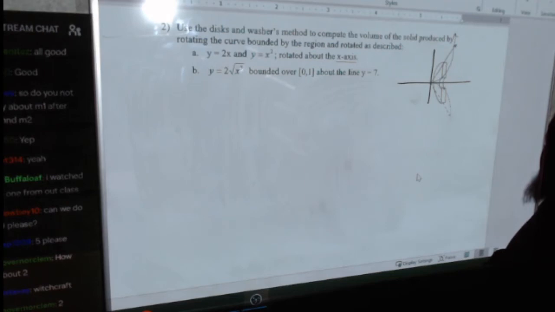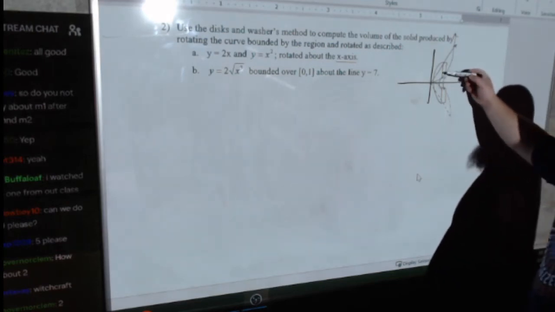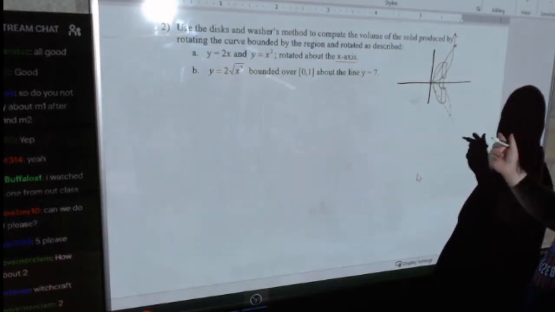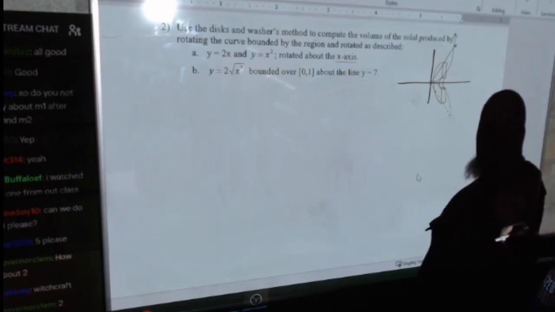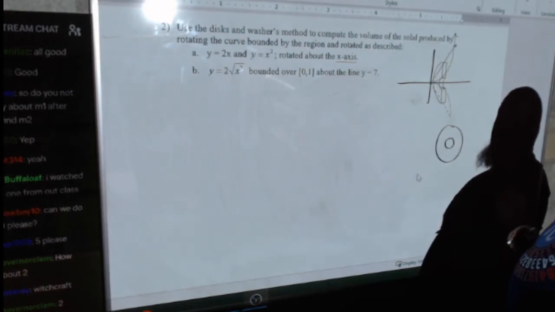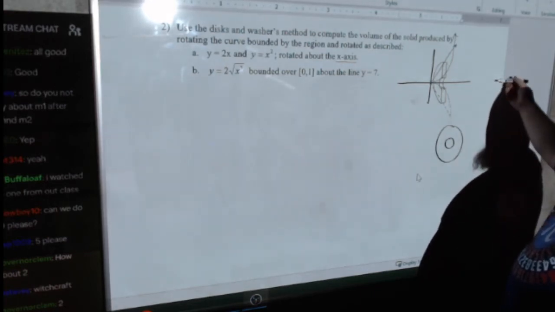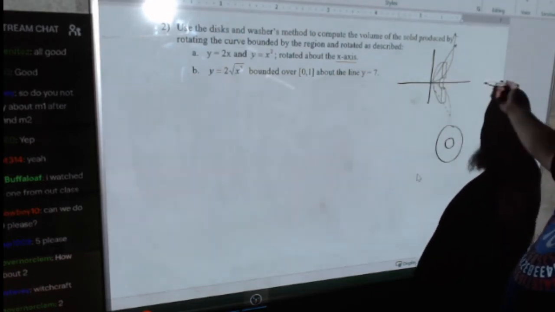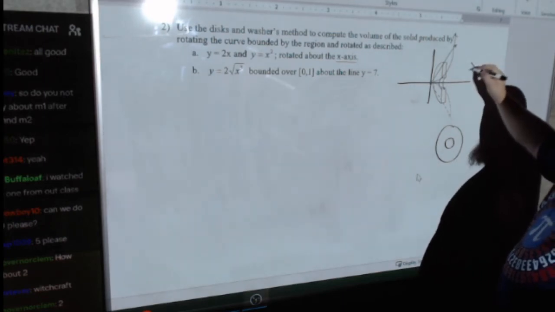So remember that we've got to find the area of this disc, or in this case a washer. So it is a circle with a hole cut in it. If we look at it from say looking down the axis here.